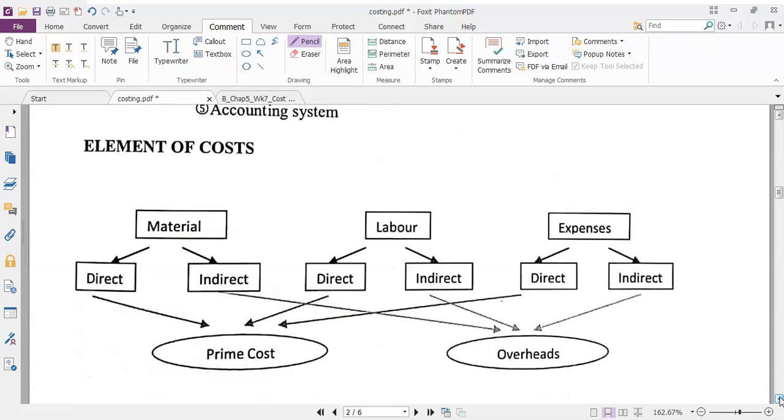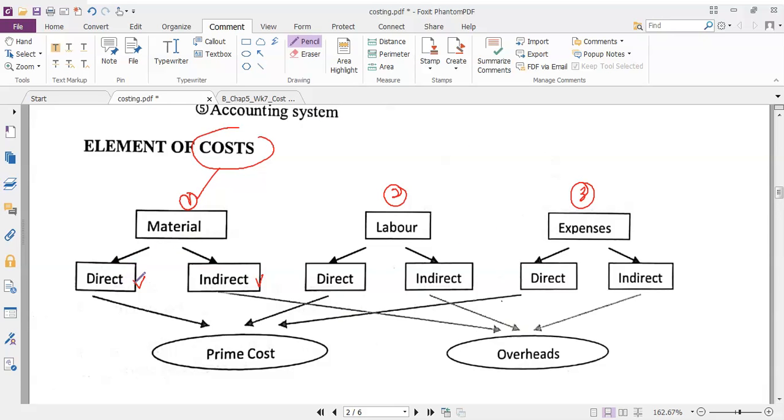So, let's move to element of cost, okay? Actually, the cost itself, we have element material, second element labor, the third is element expenses, okay? So for material, we also have direct costs and also indirect. Each of the element have direct costs and indirect costs, okay?